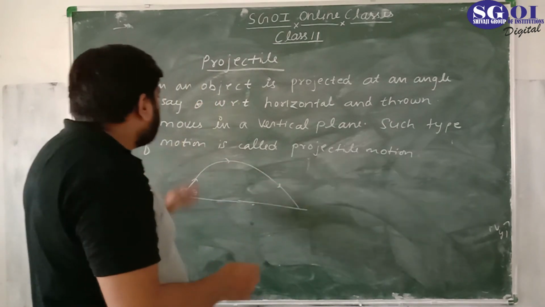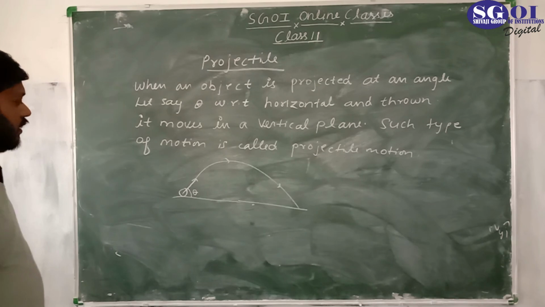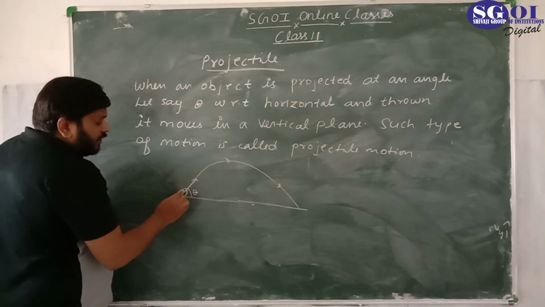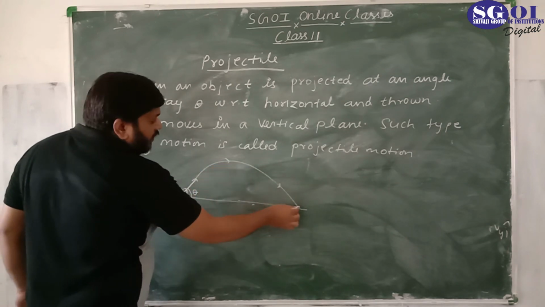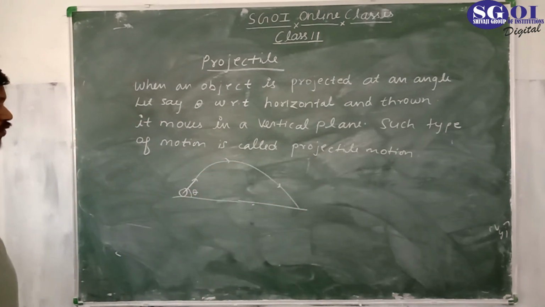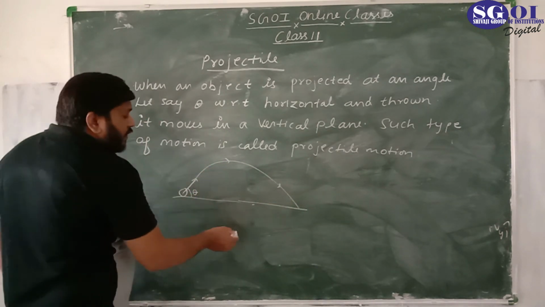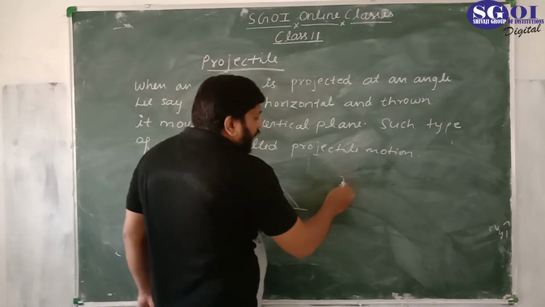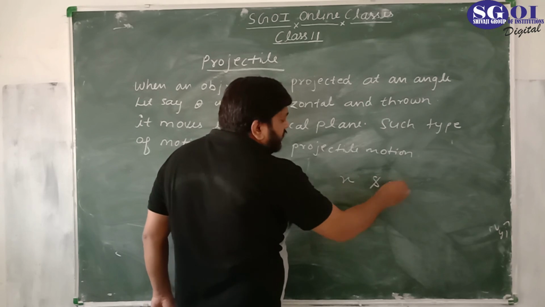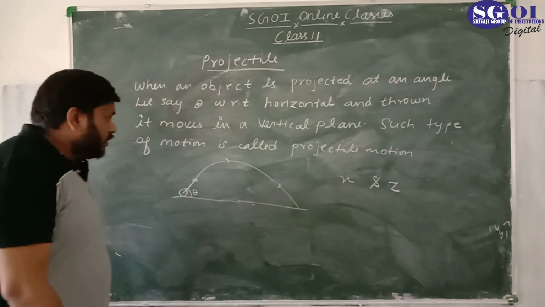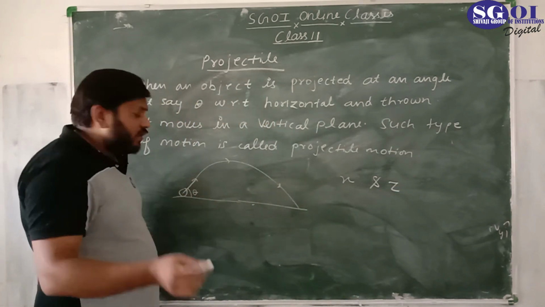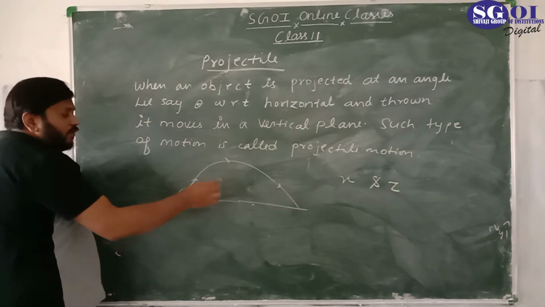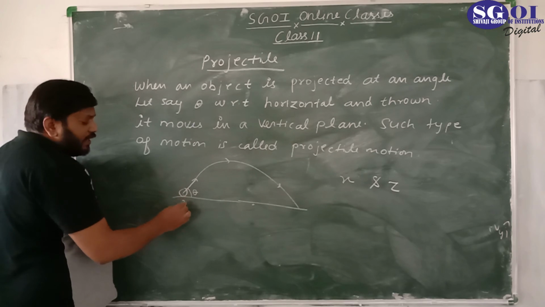If this object is moving from here to here, we talk about the motion in both x and z axes.